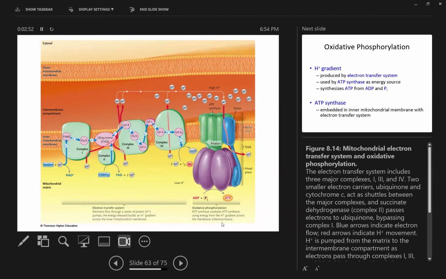This is going to be a big focus of what we talk about in the next lecture, because this is both the oxidative phosphorylation and the electron transport chain. So this is an important thing. All right, I think we're ready to wrap it up.